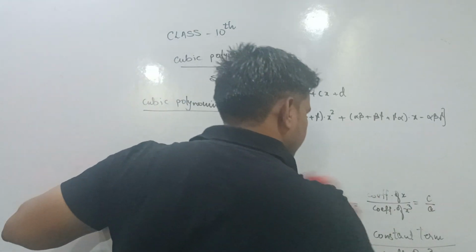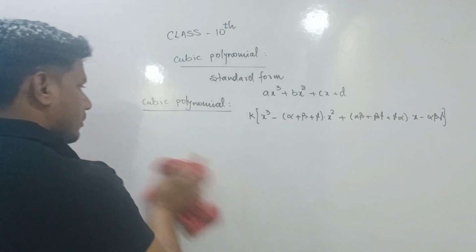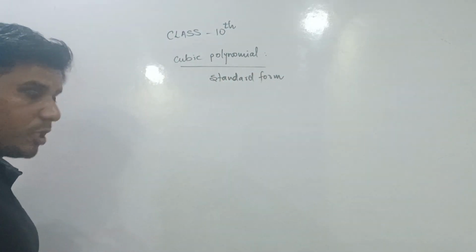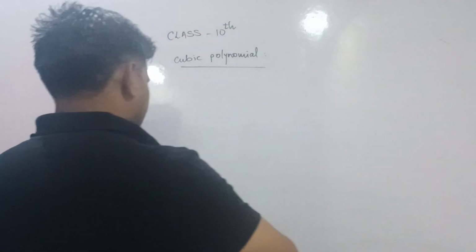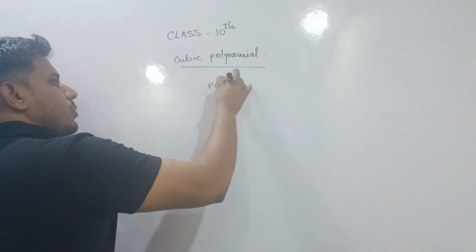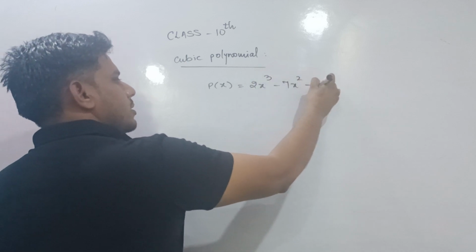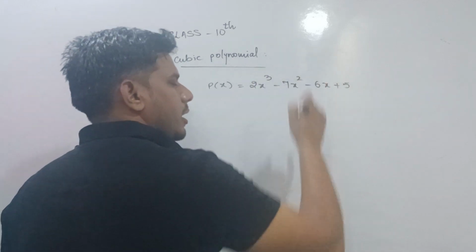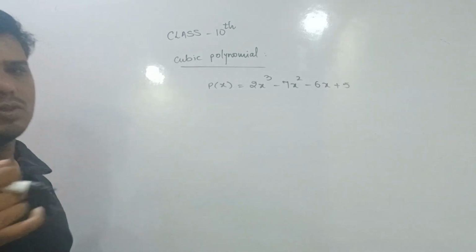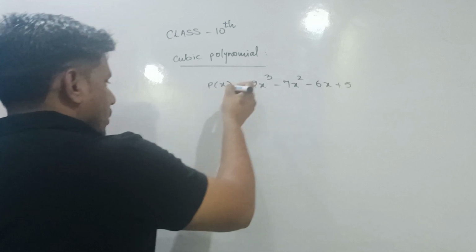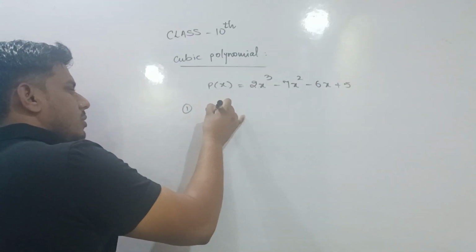Now suppose we have the cubic polynomial p(x) = 2x cube minus 7x square minus 6x plus 5, and here we need to find the sum of zeros, sum of product of zeros taken two at a time and product of zeros. So the first one is the sum of zeros, alpha plus beta plus gamma.